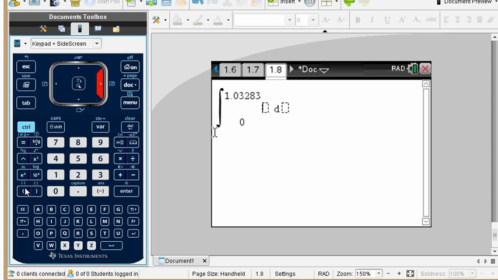I'm going to put g of x, which is x to the fourth power minus 6.5 x squared plus 6x plus 2.